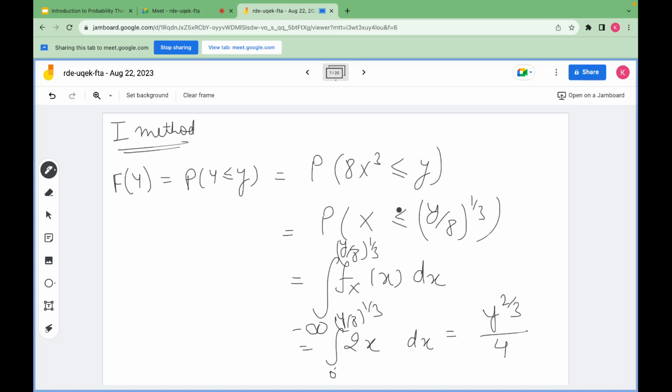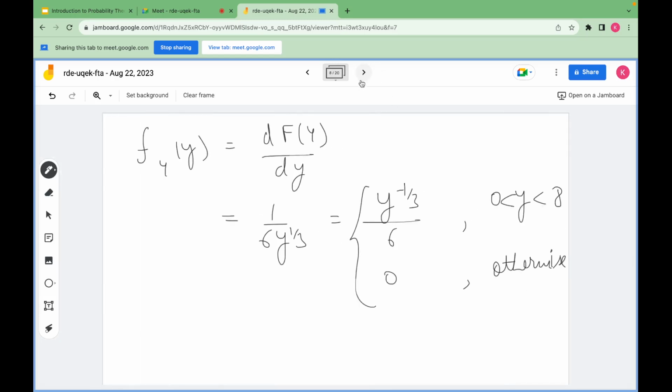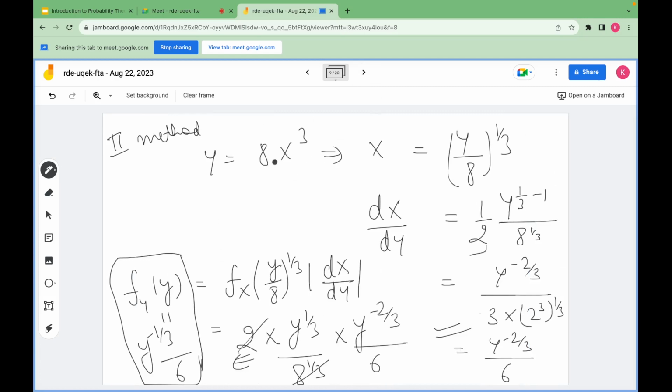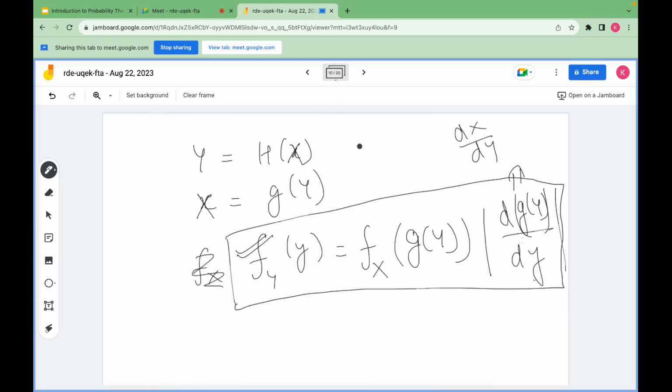In a way both are the same, but by using the second method we can solve questions in lesser time. So this is a more efficient method, because we need to directly use this formula.